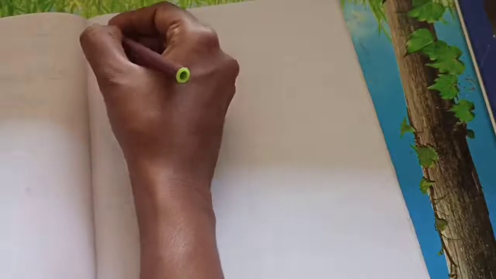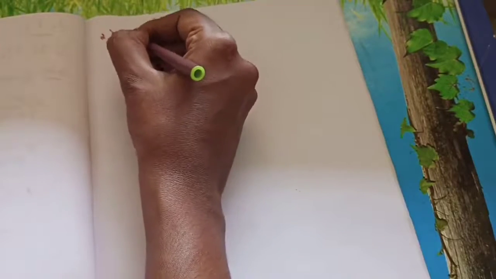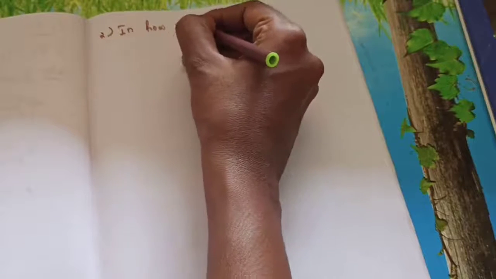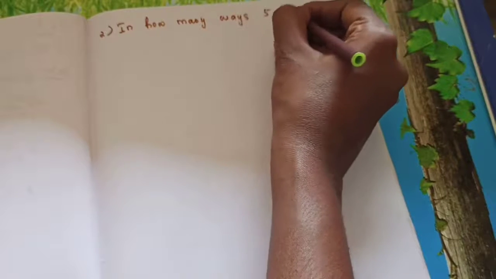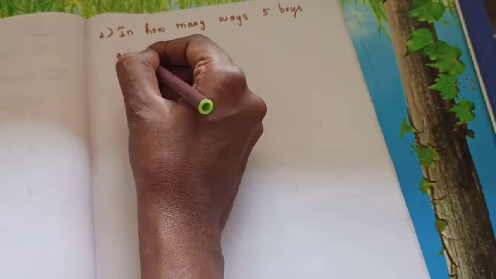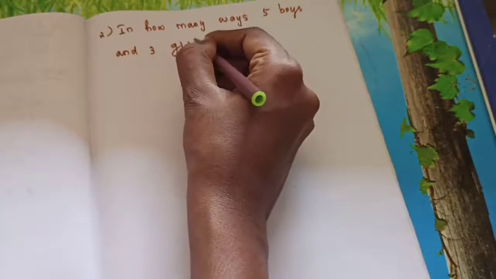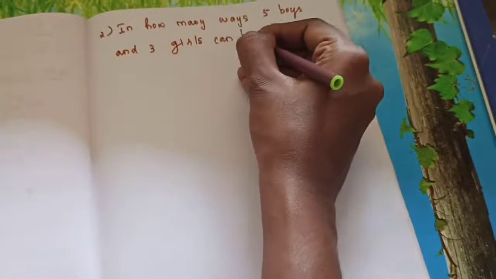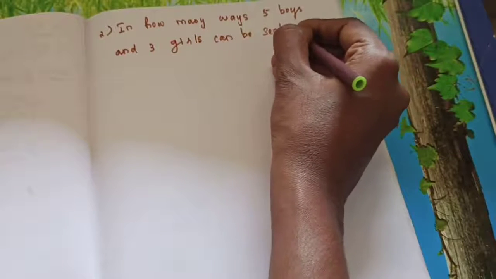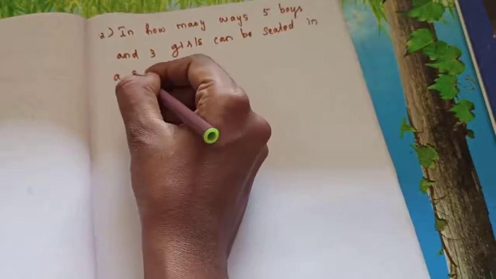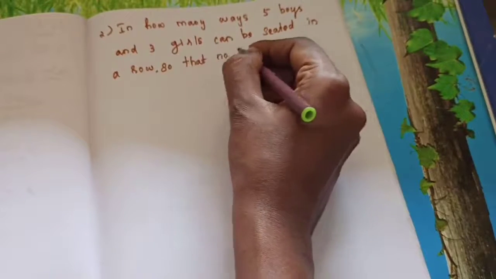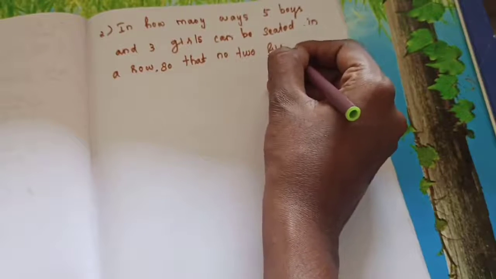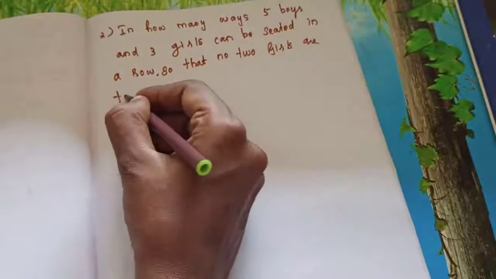Let's move to the next question. In how many ways 5 boys and 3 girls can be seated in a row so that no 2 girls are together.